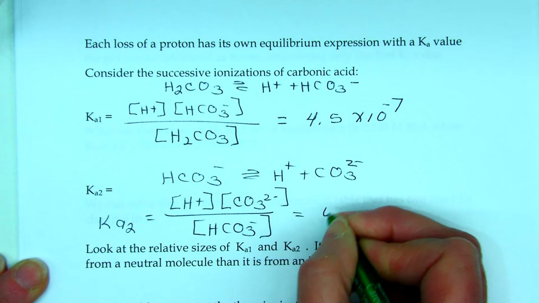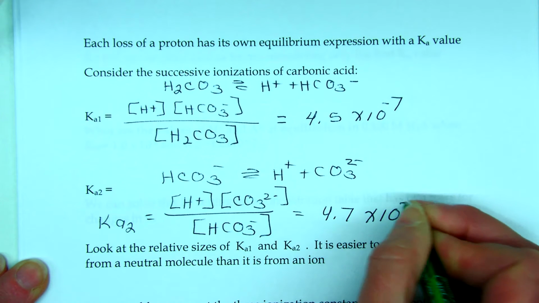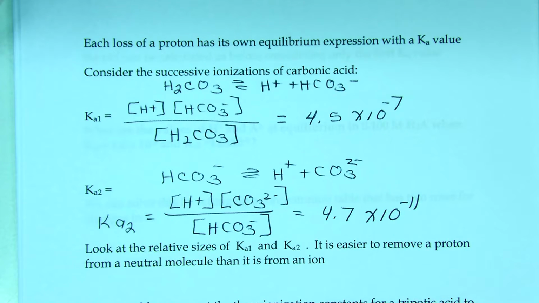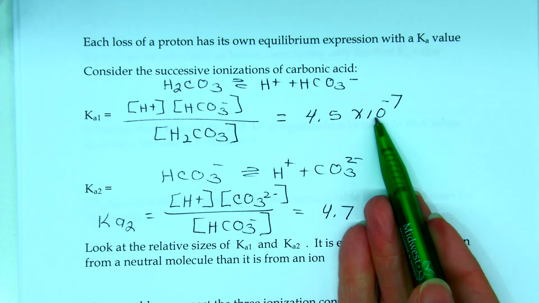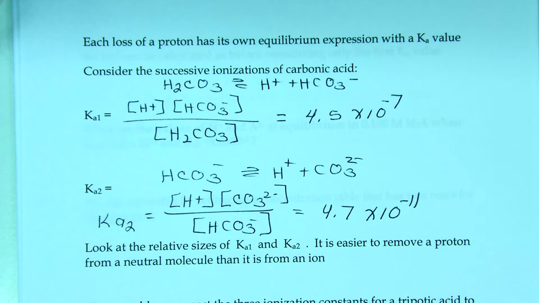And Ka2 is 4.7 times 10 to the negative 11th. So when we look at this K value, is that a small K? Now, more importantly, is Ka2 small compared to Ka1? It is. So what that tells us is that the amount of proton that comes from the second ionization is going to be really insignificant when we're comparing it to the first ionization, and that's going to be important in simplifying the math.